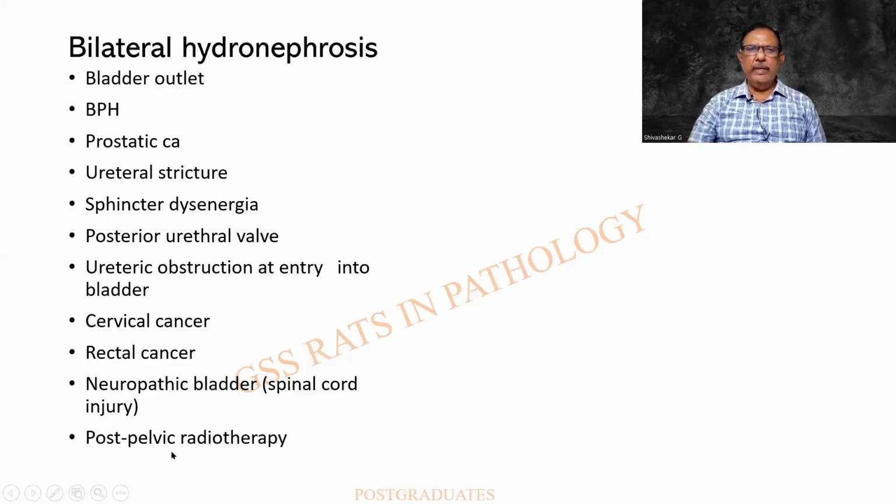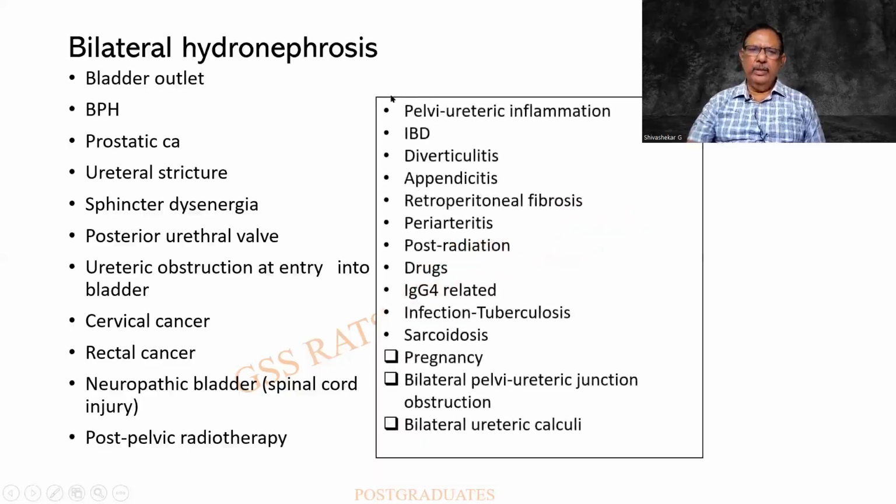Sometimes radiotherapy can lead to scarring. And there is an entire other list. I would like you people to kindly go through the entire one. Not only renal disease, appendicitis, diverticulitis, periarteritis, and radiation, all these things can lead to hydronephrosis.